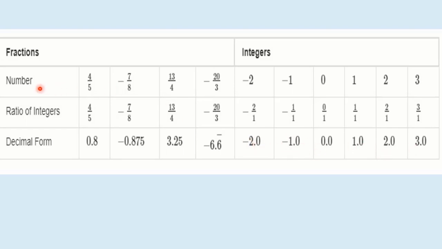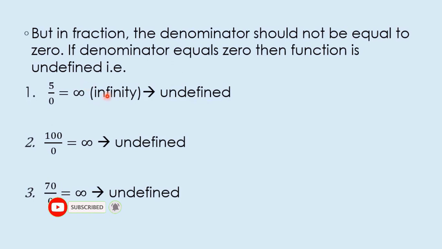And now the fractions. In fractions, the denominator is always some number that is not 1, and should not be equal to 0. If equal to 0, then it becomes what? Infinity.